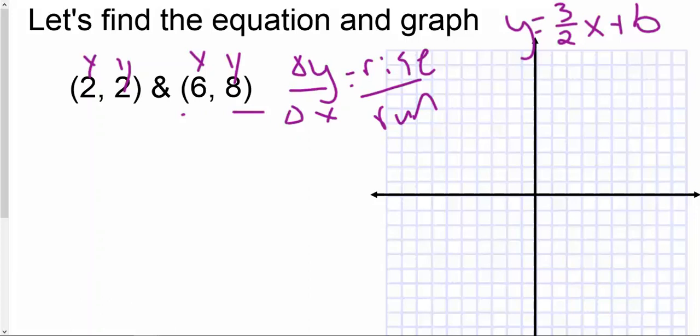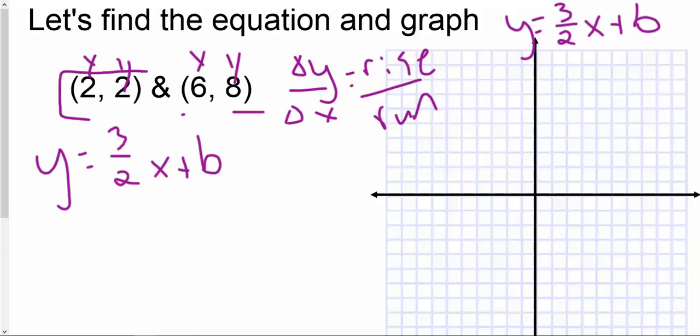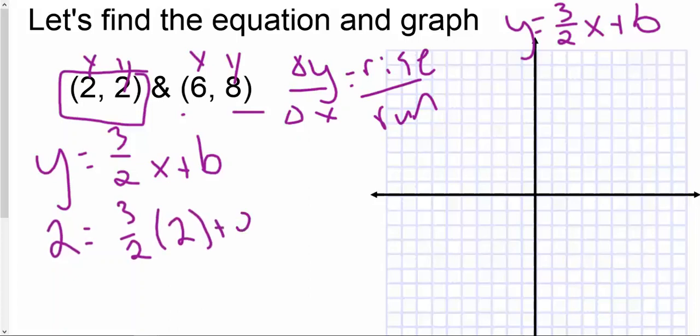So we can create this equation. I know y equals 3 halves x plus b, and I'm going to pick one point to plug in to figure out what our b value is. Let's use 2, 2. So 2 goes in for y: 2 equals 3 halves times 2 plus b. Simplifying, I get 2 equals 3 plus b.